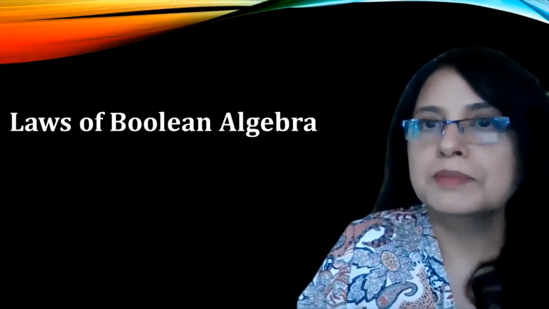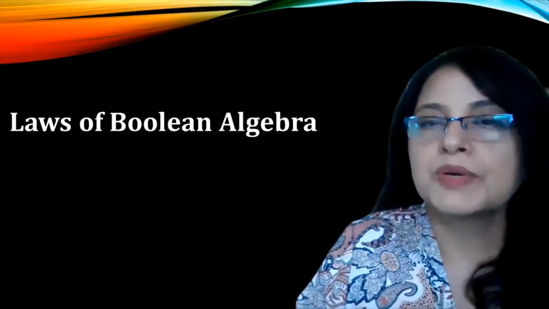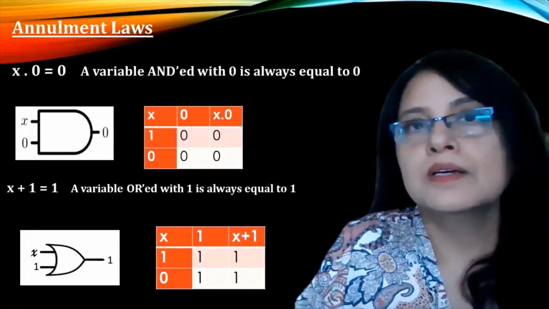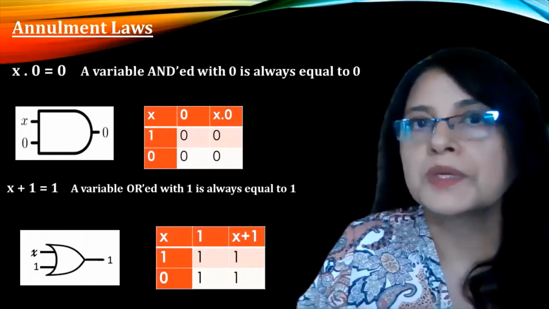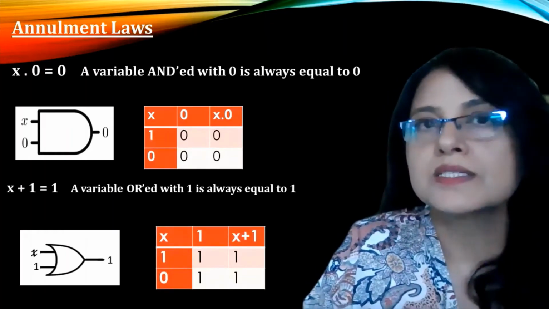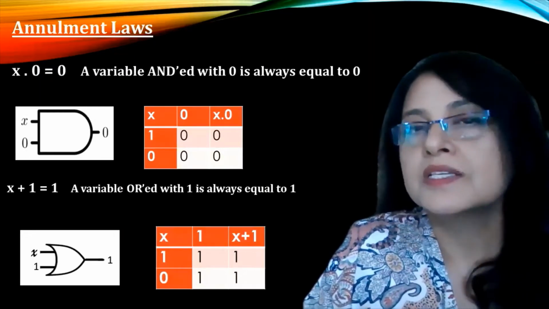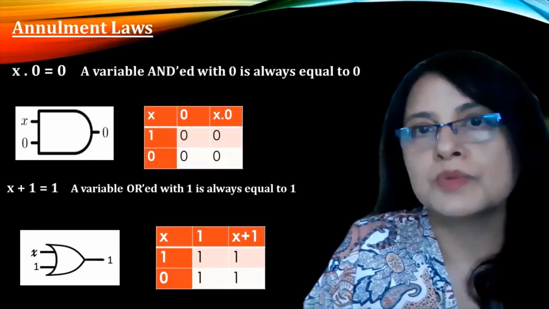Now we'll look at some laws of Boolean algebra, and we'll also see some circuits with it. The annulment laws to start with. The first one is that if a variable is ANDed with 0, it's always going to give you a 0.